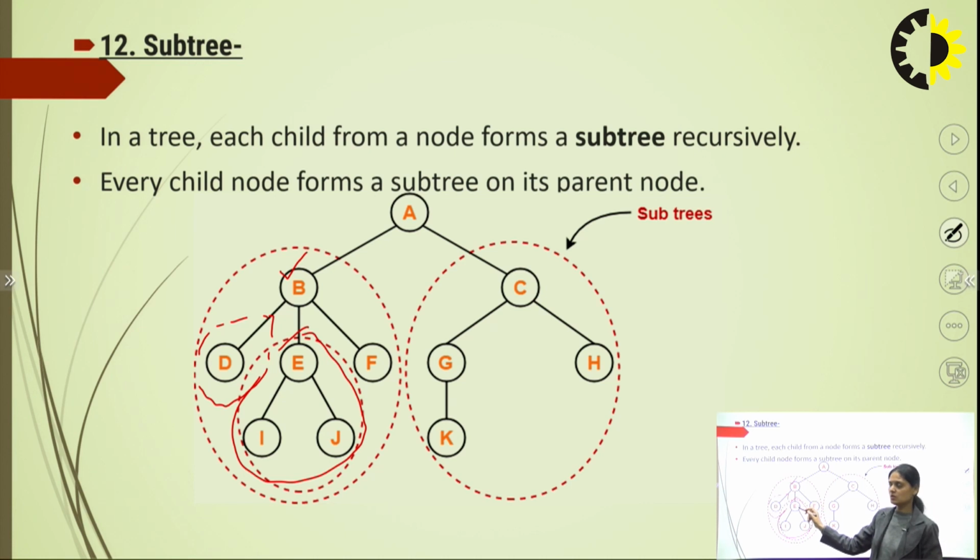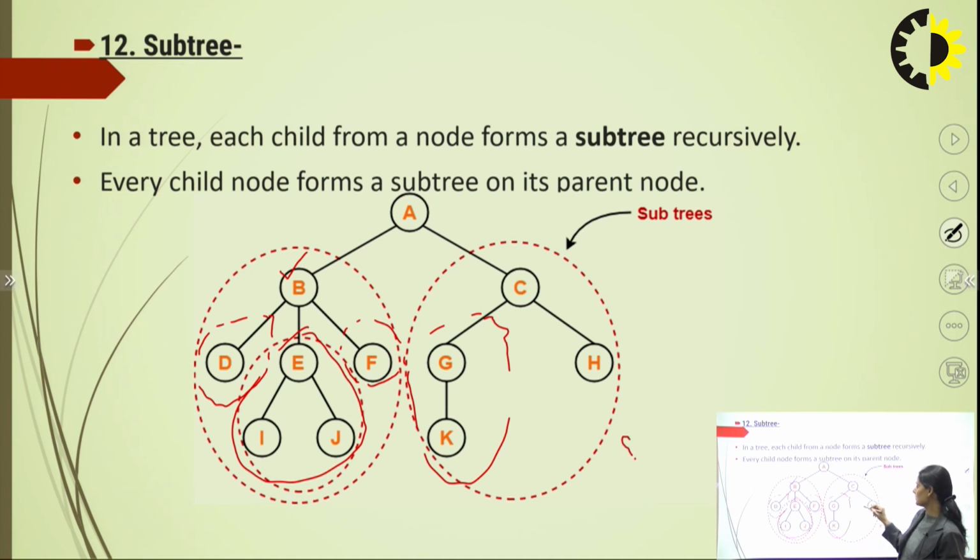The root node is E for this subtree, and this is again a subtree having a single node. Over here, this is again a subtree having the root C. So it is recursive. That is why we say in a tree each child forms a node, and a node forms a subtree recursively.